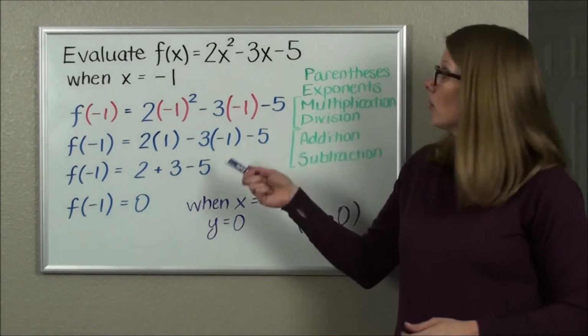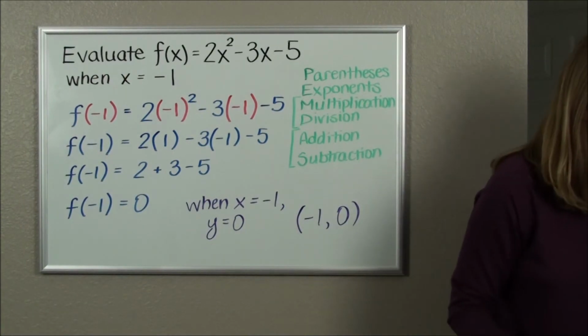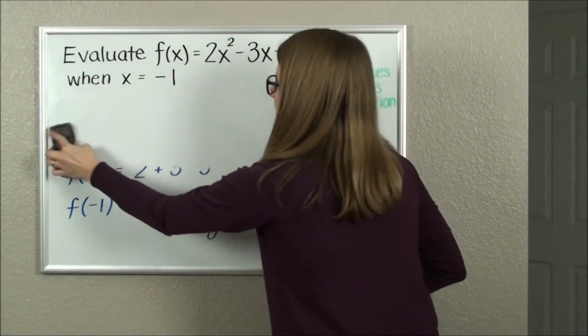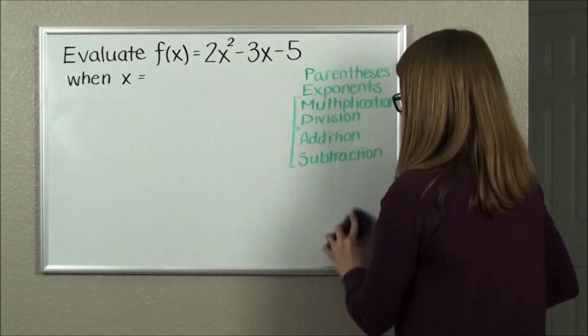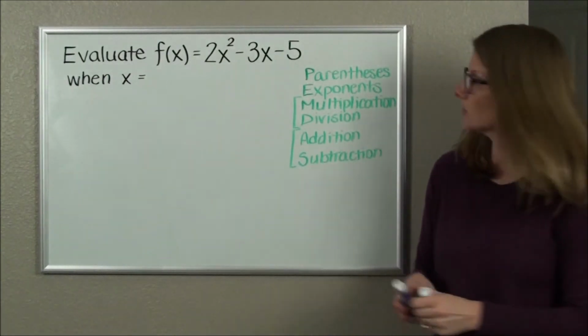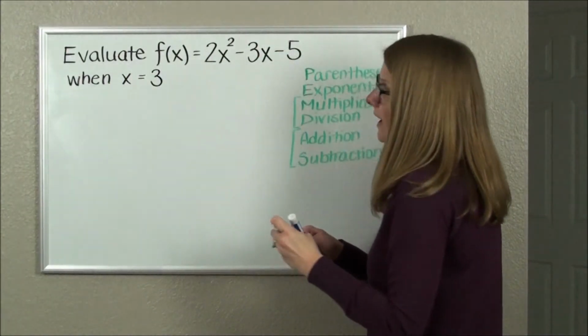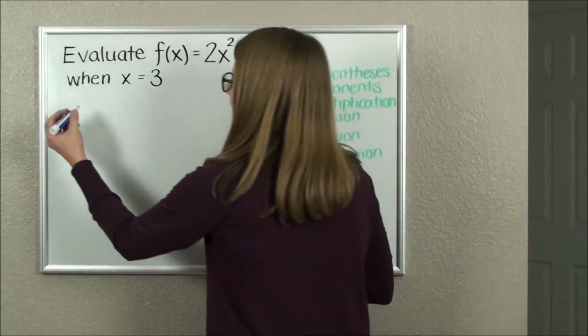Let's look at one more where I keep that same function, but this time I try a different x value to plug in and see how we do with that. This time let's try an x value of 3. So everywhere I see an x, I am going to put a 3 in parentheses instead.